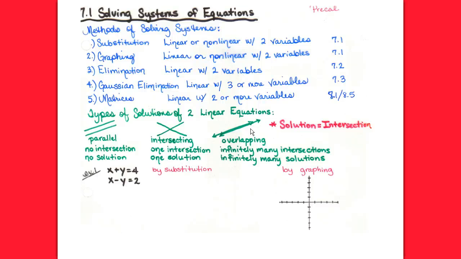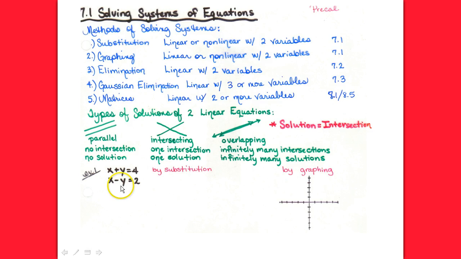The key for us is going to be right here: solution equals intersection. Here's the thought behind that. Let's say that we're looking at these intersecting lines right here. Every single point on this first line is a solution for that line. If we're back down here talking about x plus y is equal to 4, we might be plotting (1, 3), (2, 2), (3, 1), and then drawing a line to connect those dots. So if it is on that line, it is a solution for that equation.